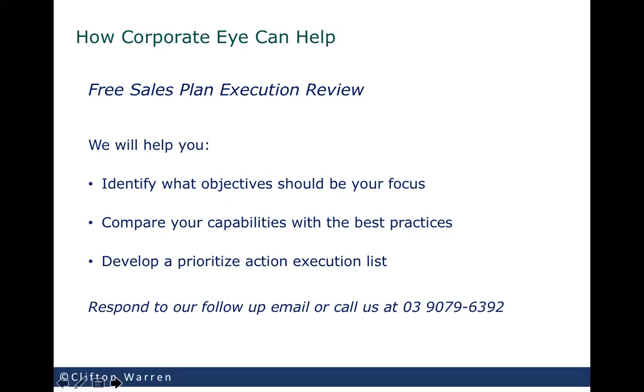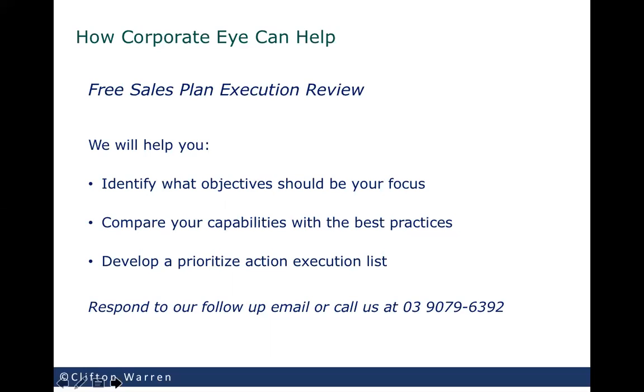So firstly, I'm offering to review your sales plan execution. Basically, what we'll do is you show me your sales plan. It could be on a piece of paper, a napkin, whatever you've written it on, 150 pages. Schedule time, we'll have a phone call. I will help you identify what objectives you should be focusing on, firstly.